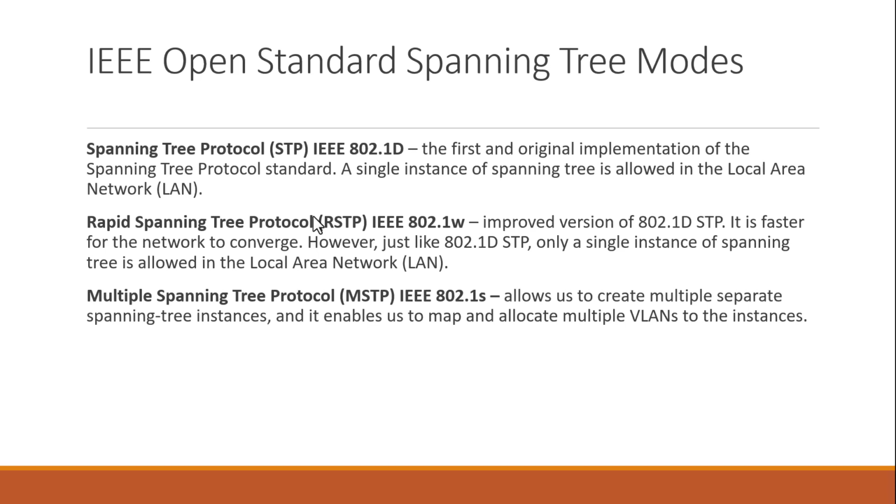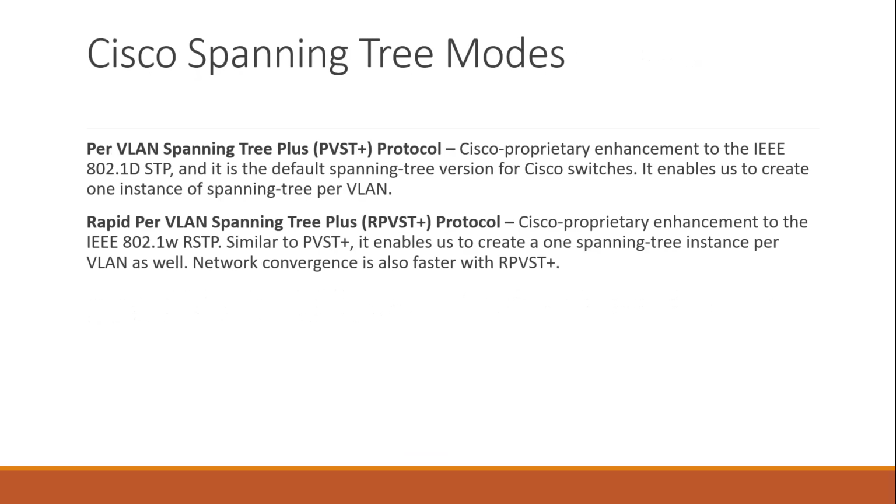If we apply this, we only have one switch as the root bridge, and it's the root bridge for all VLANs. But in multiple spanning tree, we can create different instances of the spanning tree, and one switch can be root for some VLANs, and another switch can be root for some other VLANs.